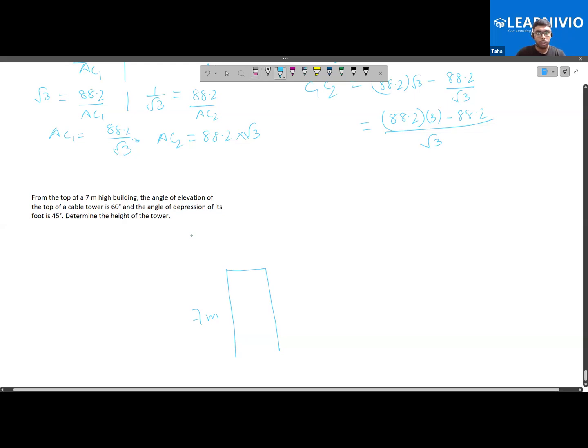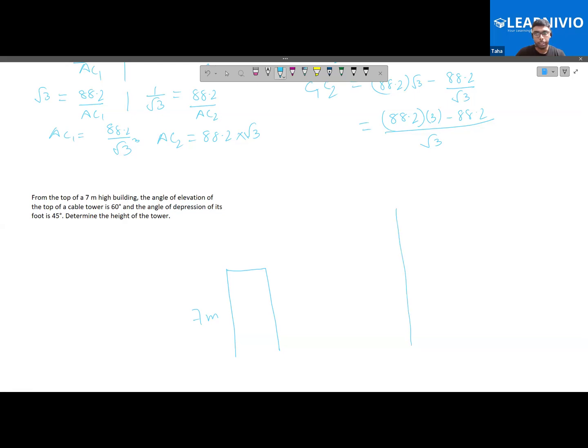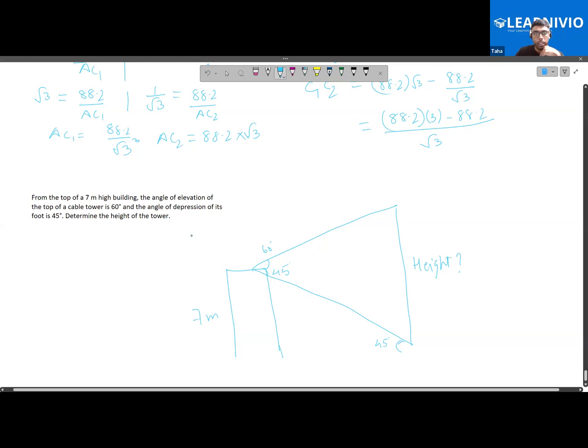Okay. So we have some tower with height. Height is unknown here. But from this particular height, we know that the angle of elevation is 60 degrees and the angle of depression is 45 degrees, meaning this angle would be 45. Now we need to find the height. I hope we are drawing the diagram right, or we are imagining it correctly. We are describing it right. Okay.